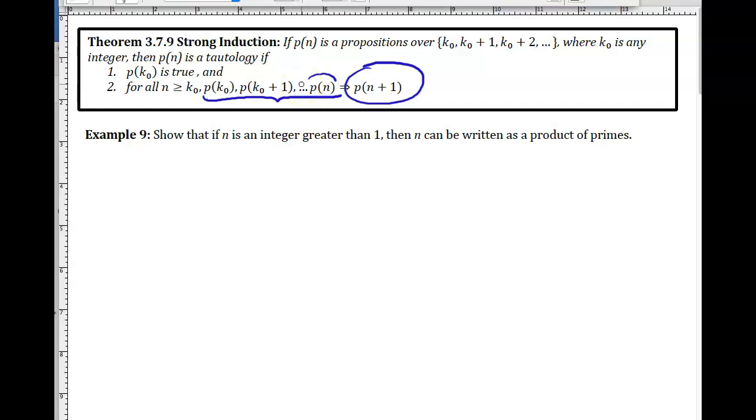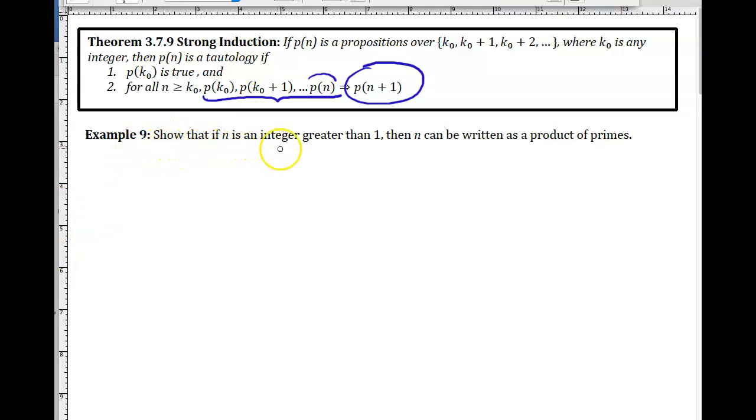So for some problems, we need to assume that all the previous propositions that came before it are true and go from there. But the same principle of the domino effect comes into play. You can argue that strong induction is a valid logical argument using the chain rule and the laws of logic. All right, but let's see how it works in practice.